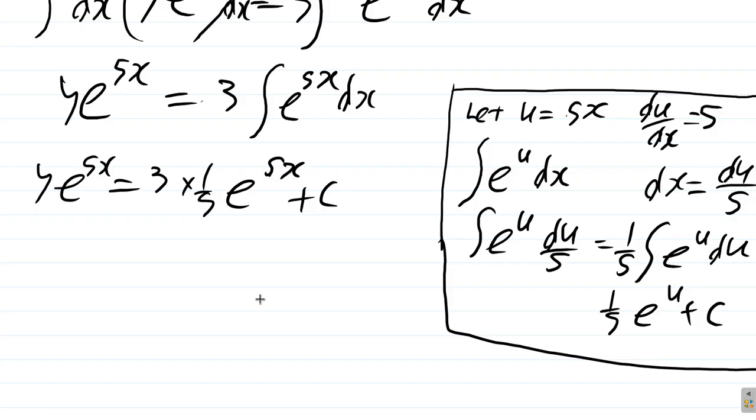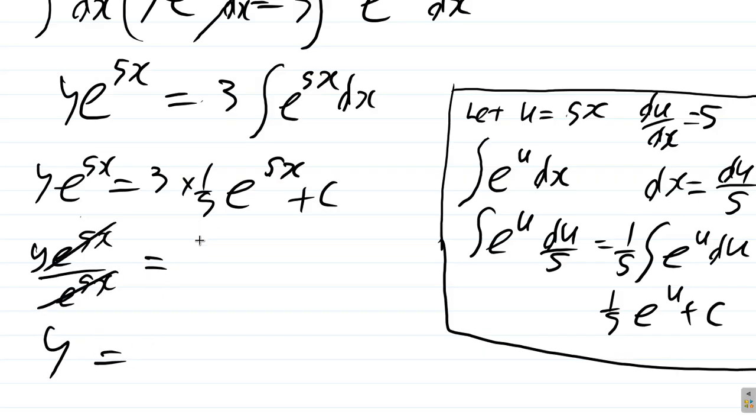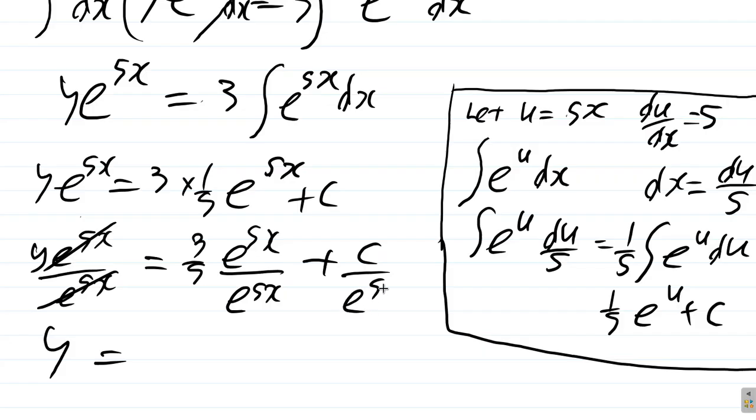Now, after that, you divide by e to the 5x. So y e to the 5x over e to the 5x, e to the 5x will cancel itself, so you have y equal 3/5 e to the 5x over e to the 5x plus c over e to the 5x.